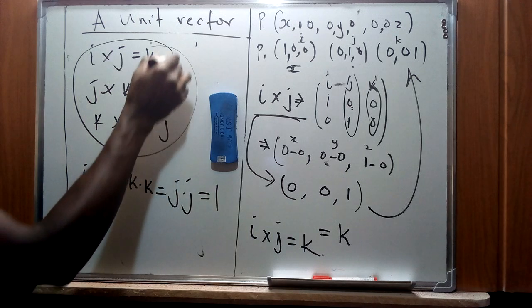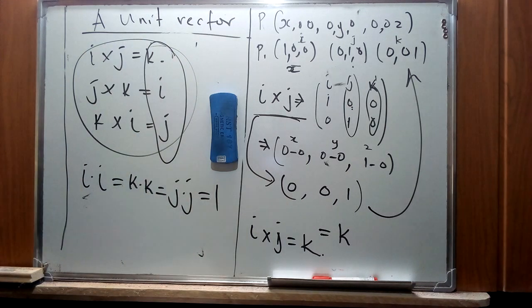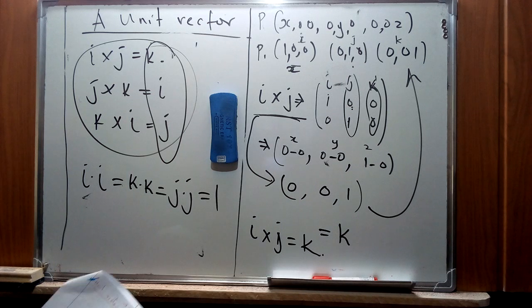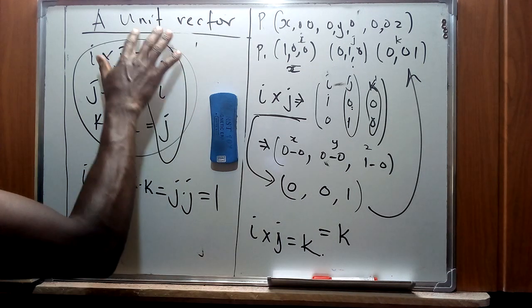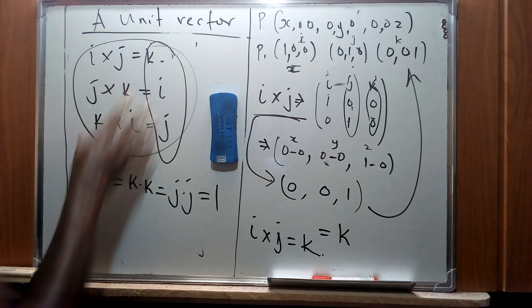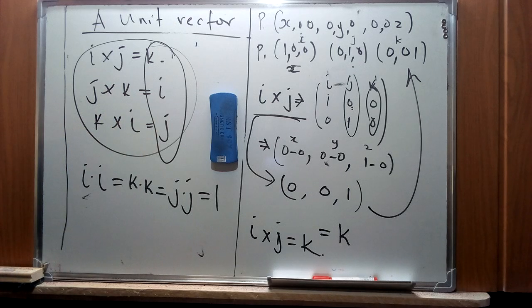So this gives us products of these vector components that we have talked about. Now we're going to look at an example of the cross product of the vectors we have talked about, and try to see what products we find.